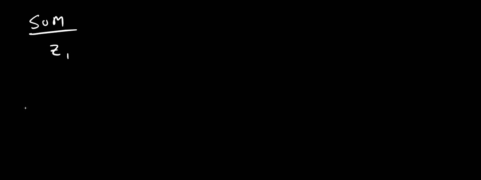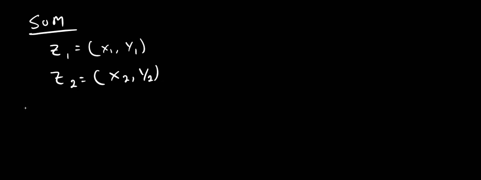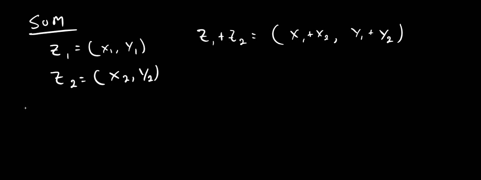Say z1 is equal to x1, y1, and z2 is equal to x2, y2. Then the sum z1 plus z2 is going to be equal to x1 plus x2, comma, y1 plus y2.